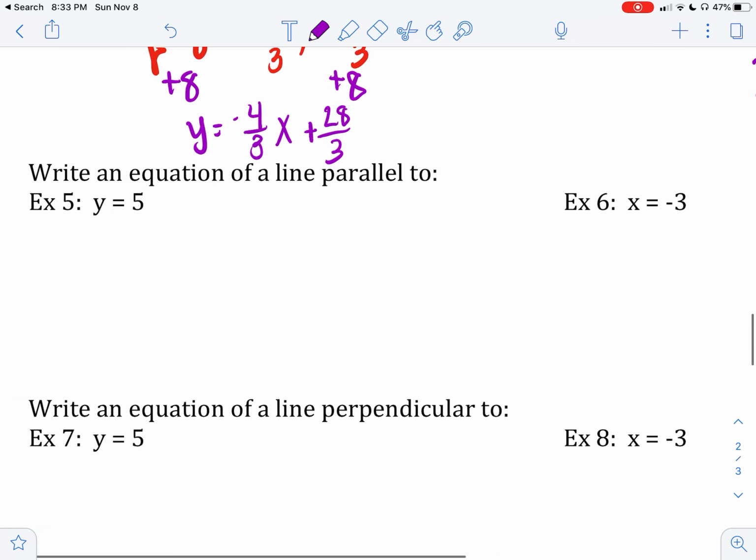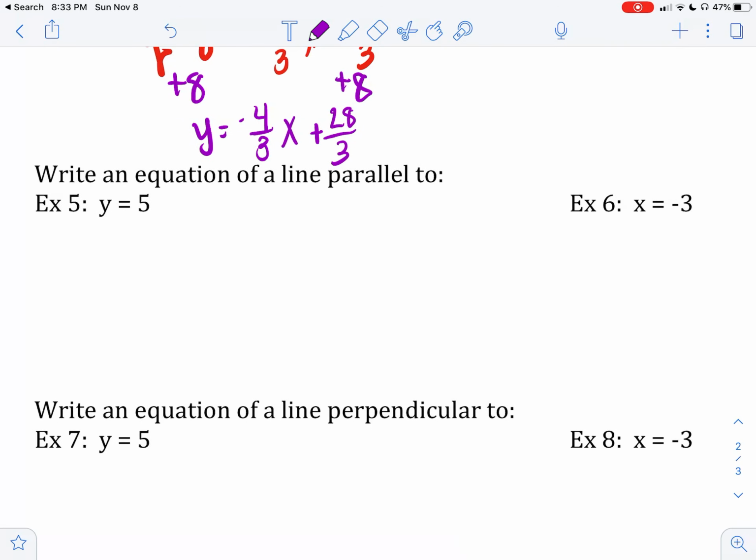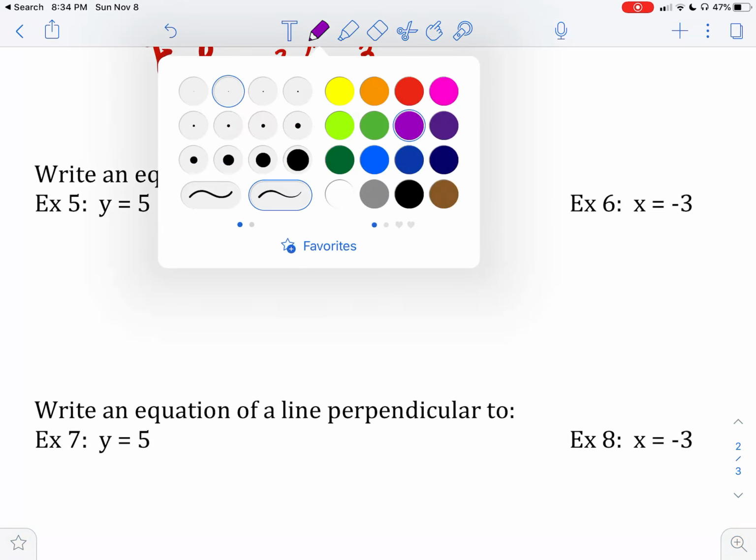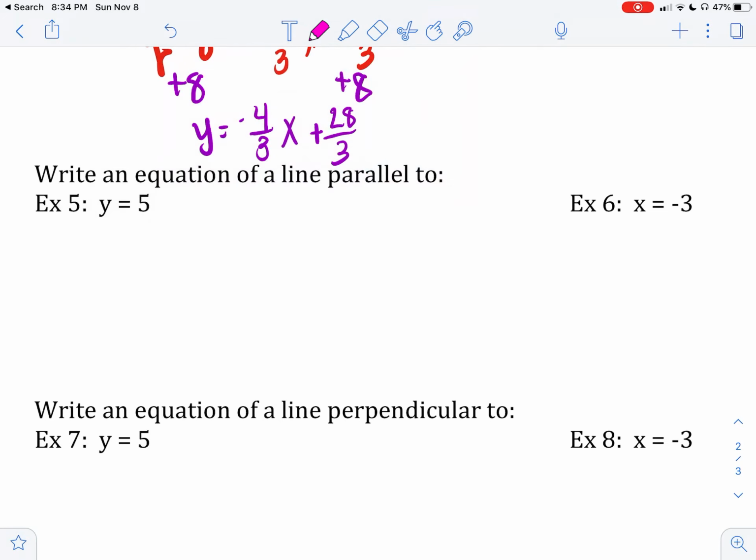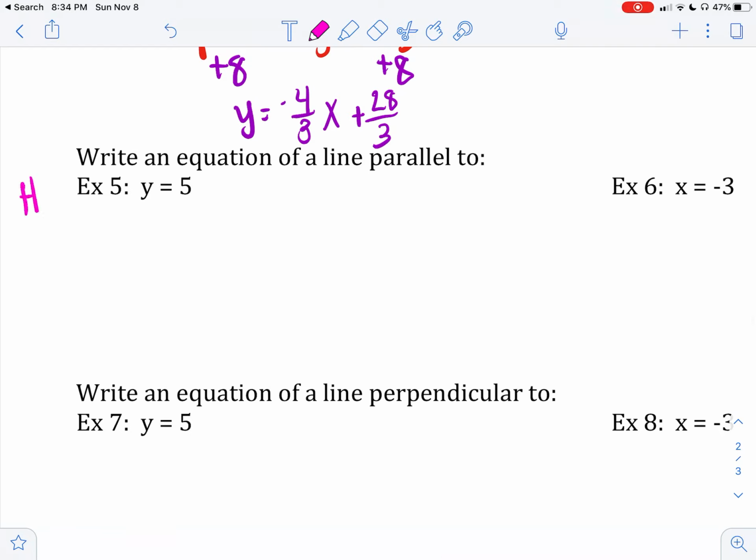Okay, example 5: we want to write the equation of a line parallel to y = 5. If we think about HOY VUX, that tells us that y = 5 is going to be a horizontal line. If I want a line that is parallel to a horizontal line, I just need another horizontal line.